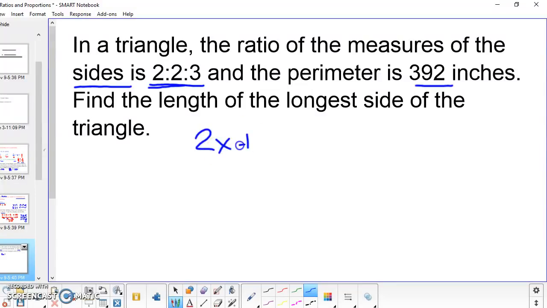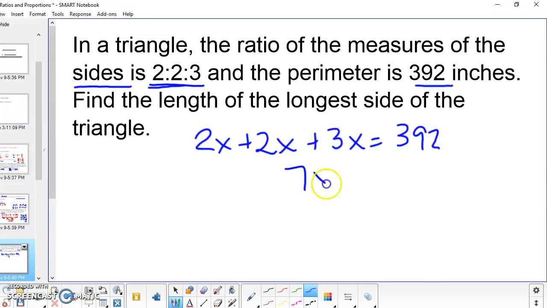So 2x plus 2x plus 3x equals 392, which gives us 7x equals 392. And if I figure that out, 392 divided by 7, x equals 56.